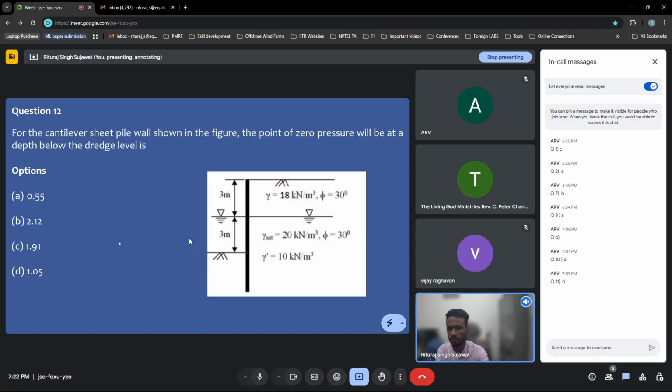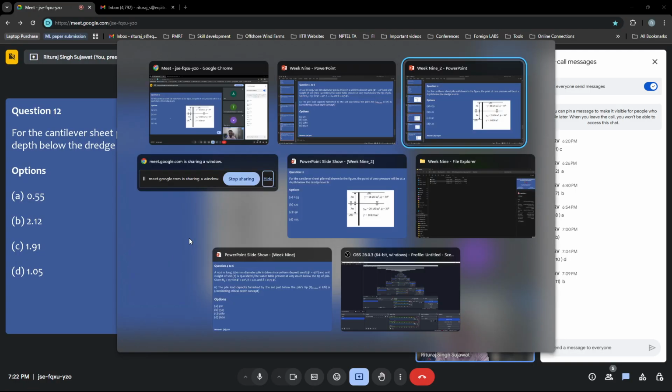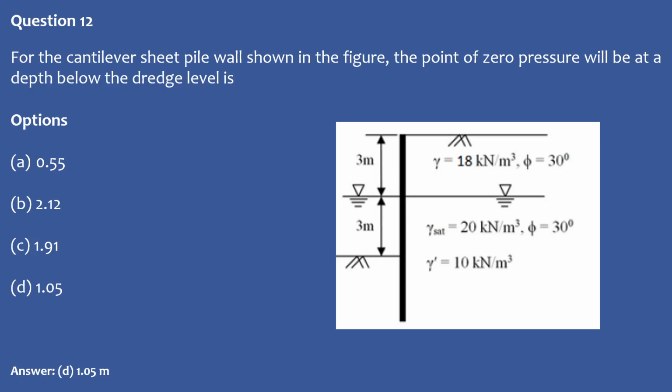Any answer, guys? So the depth below the dredge level, how much is it? It's 1.05 meters.